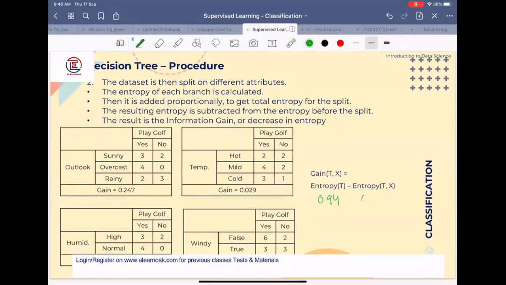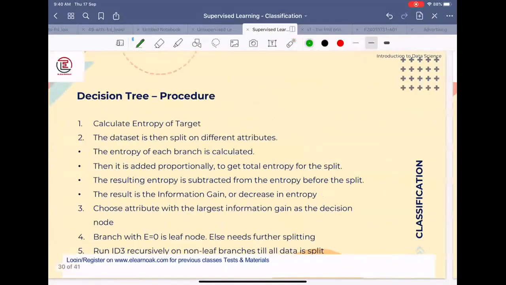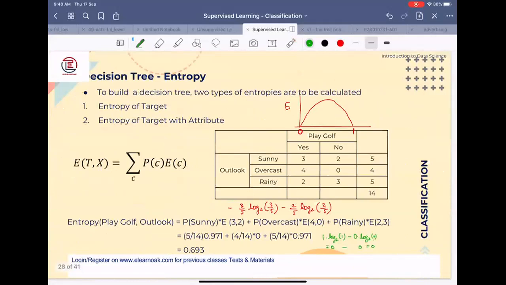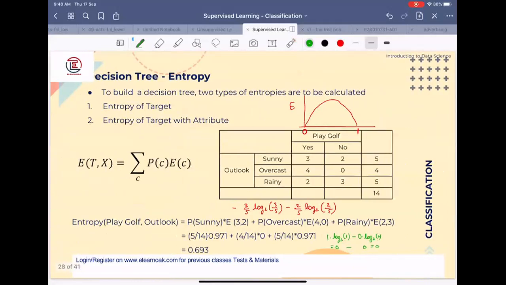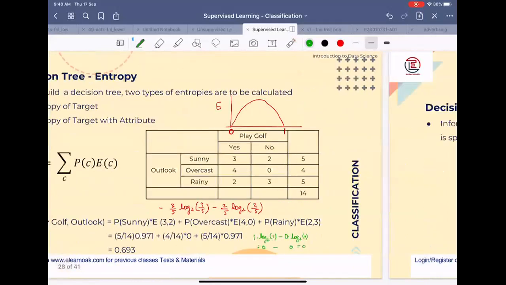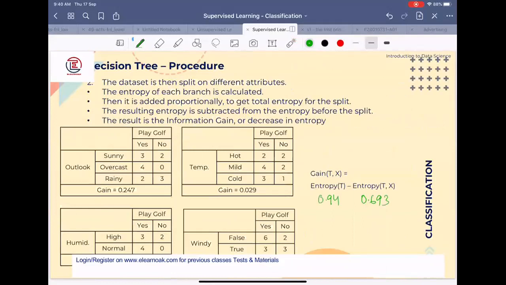For outlook, we had come up with 0.693. When you subtract this, you end up with 0.247, and that is the information gain for outlook.